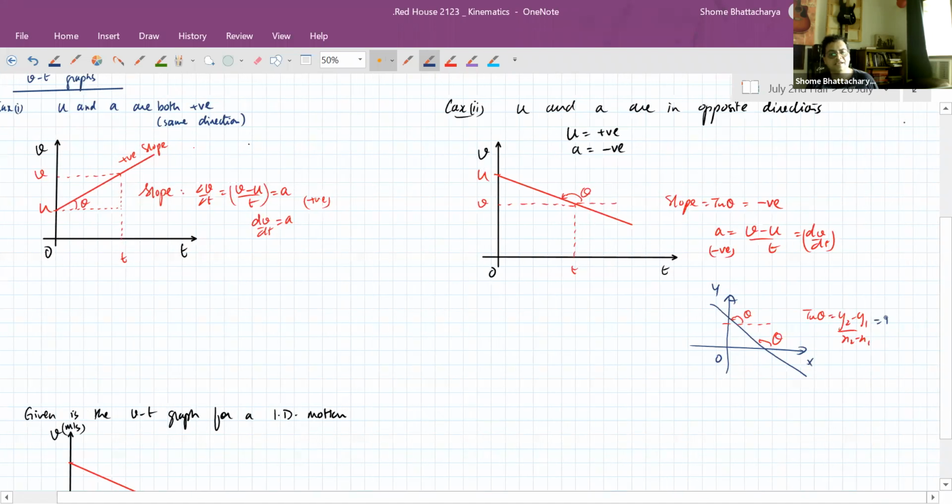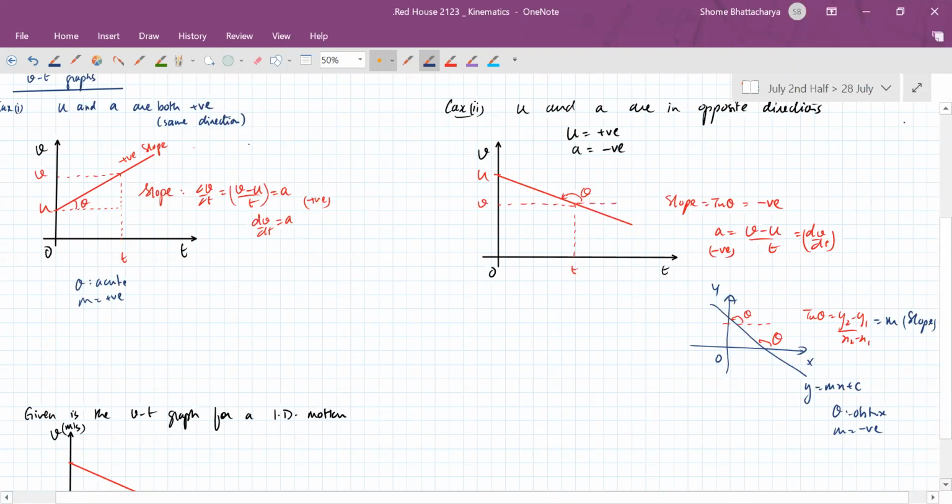This is called m, or the slope of the straight line, y equal to mx plus c. In this particular case, you can see theta being obtuse, m is negative, the slope is negative. In this case, theta being acute, m is positive, it has a positive slope. Is it clear now? Yes, yes.